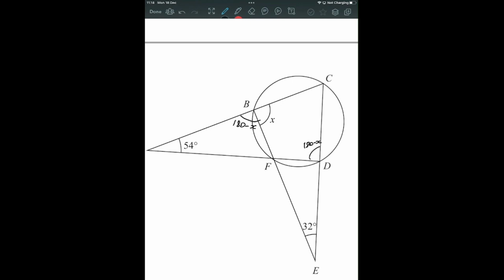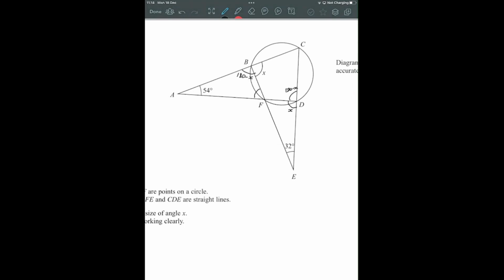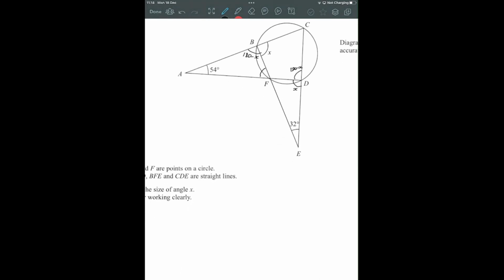That's at least a couple of angles. I can say that that angle there is x. Oh, so this is incredibly nasty. There might be alternatives, but I can now work out this angle at F in terms of some stuff.